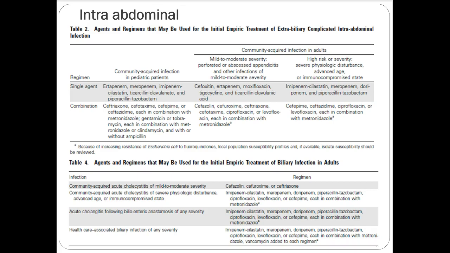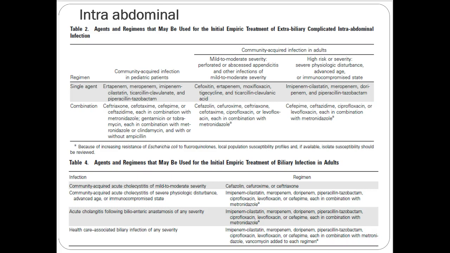Combination therapy is certainly fine, and is preferred in most cases to a single agent, because it makes more sense. And if you want to take cost into perspective, ceftriaxone plus metronidazole is about 1/10 of the cost of 1 dose of ertapenem. If you go down to the bottom table, you have extrabiliary infections, and the difference here is that for mild to moderate severity, you take away the anaerobic coverage, so you don't need metronidazole.